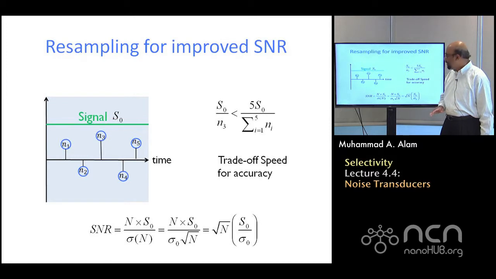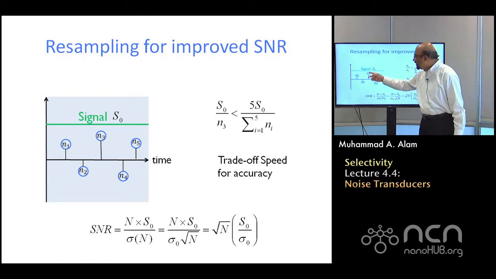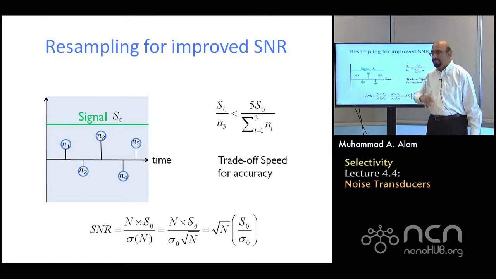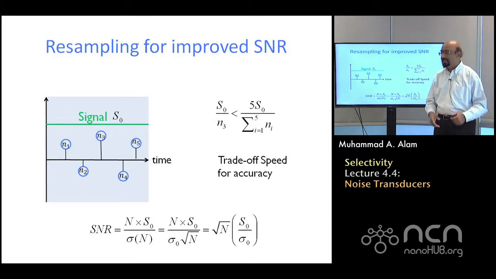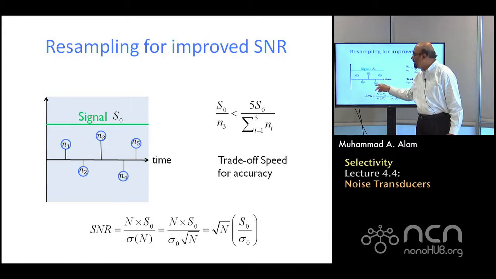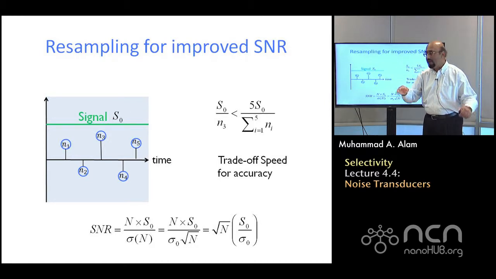We cannot detect it. But you see, if instead of just measuring one sample, the signal was changing slowly, as it often happens in biosensing, and if you can make many measurements, then if you add them all up, because sometimes they are positive, sometimes they are negative, the total noise will go down after averaging.